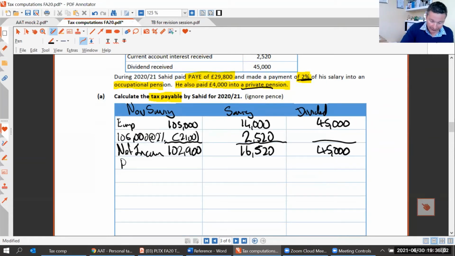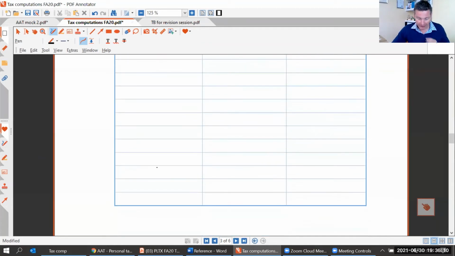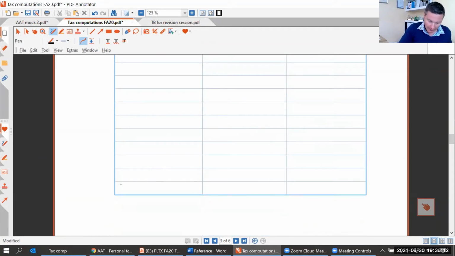So personal allowance, working one. So I'm going to write down to the bottom. Have I got myself enough space? We'll do it here. Working one. So this is our adjusted net income figure. You never ever need this figure for anything other than working out your personal allowance.